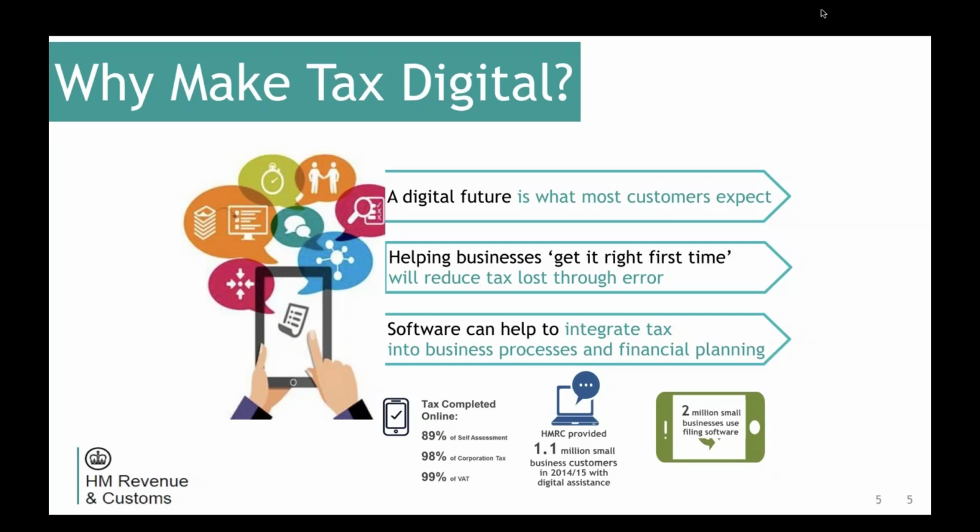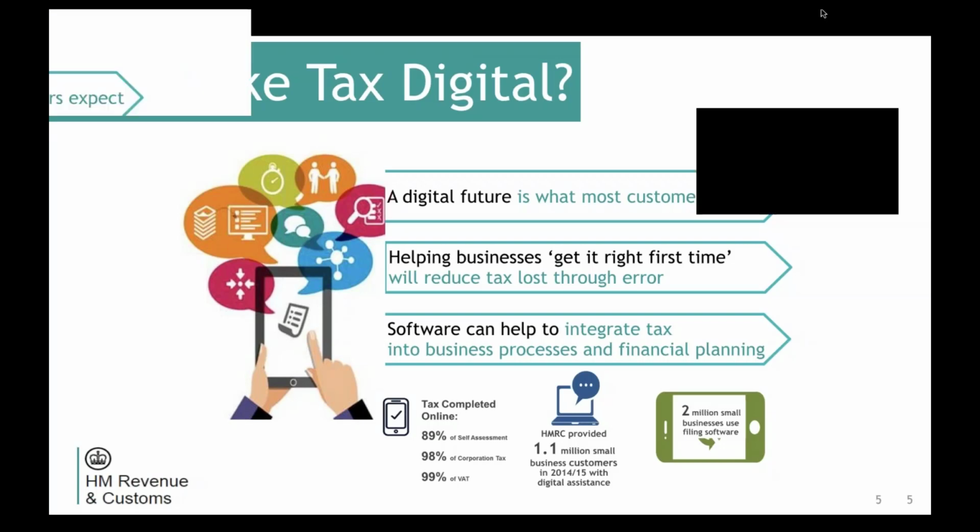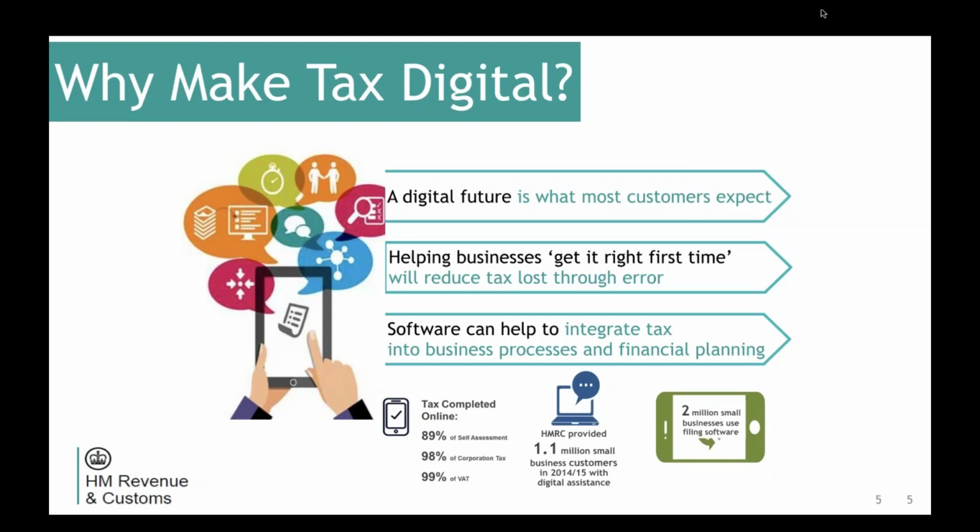And even with the introduction of RTI on the payroll pay-as-you-earn side, we saw the tax gap reduce as a result of RTI being brought in. So we're really looking to MTD to make real inroads into that tax gap as well, reducing those errors and reducing the money spent investigating and looking at those errors.